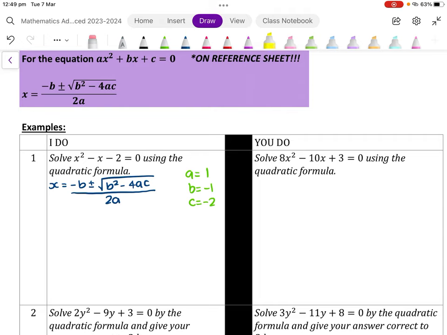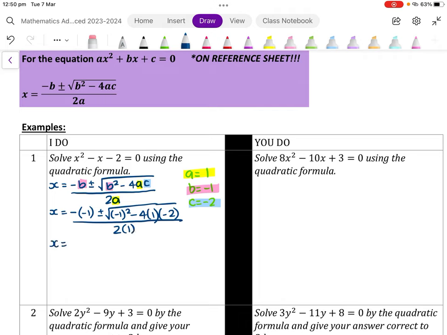Then from here we want to substitute in our a, our b, and our c into our formula. When we do this, we're left with x equals minus, now b is negative 1, plus or minus the square root of negative 1 squared minus 4 lots of our a of 1 times our c of negative 2, all over 2 lots of our a of 1.